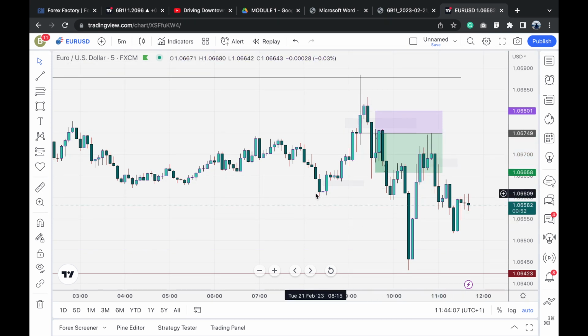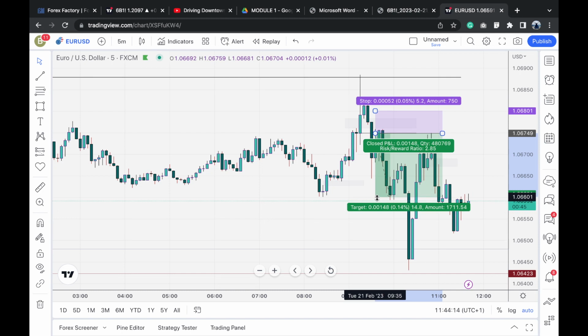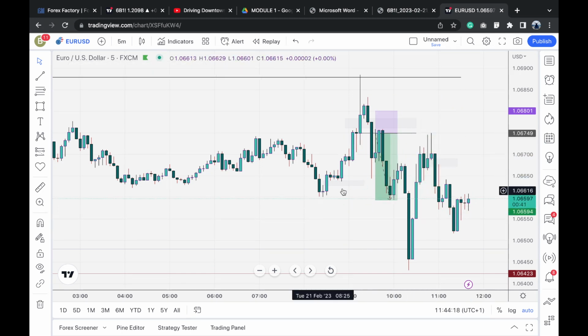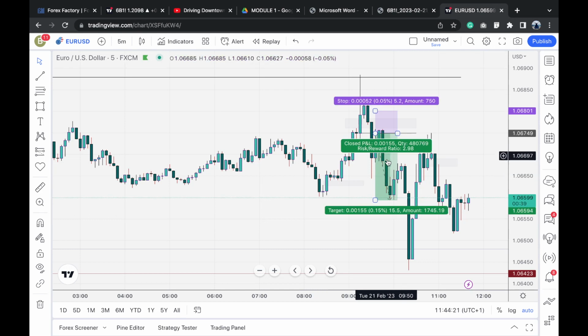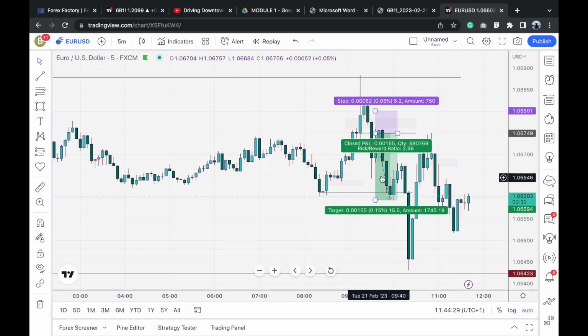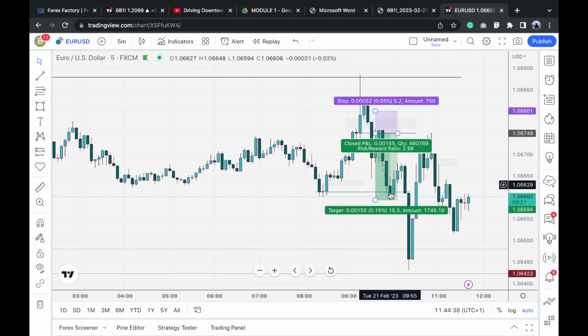Now this time I'm not aiming for the rejection block because I'm bearish. I'm not trading against order flow, so the anticipation would be the low here, not the rejection block. So once the market trades down there, let's outline the rejection block. Once the market trades down there, it should have no problem getting below the swing low there. So if I see this, I'm not really worried about the market potentially reversing.